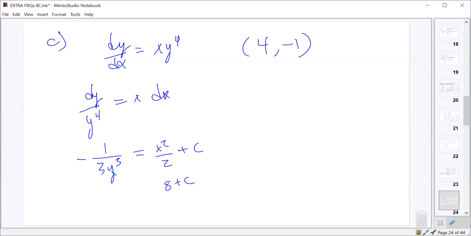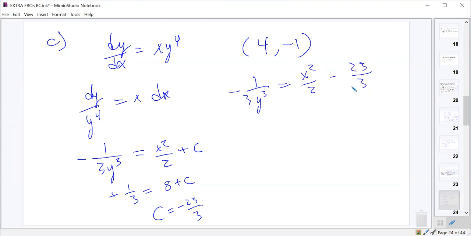Plug in our negative 1, gives us positive 1/3 there. And so that gives us a constant of 1/3 minus 24/3, which should be negative 23/3. And then we just go back: negative 1 over 3y cubed equals x squared over 2 minus 23/3.